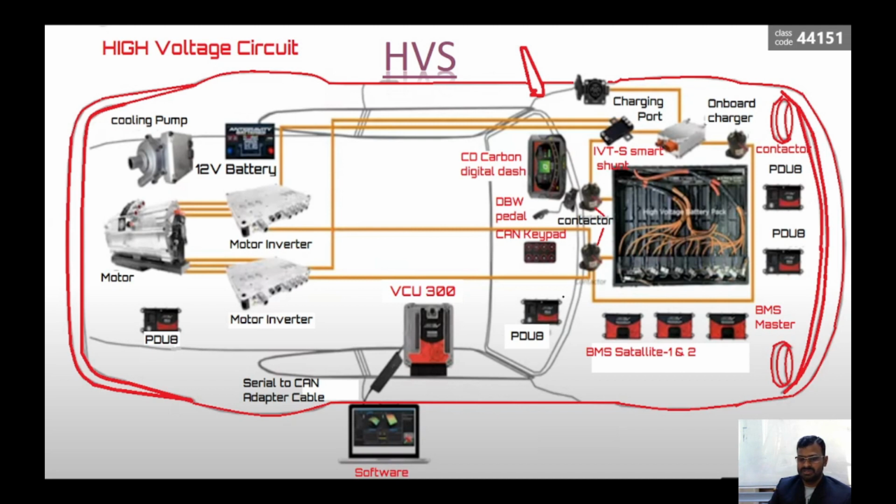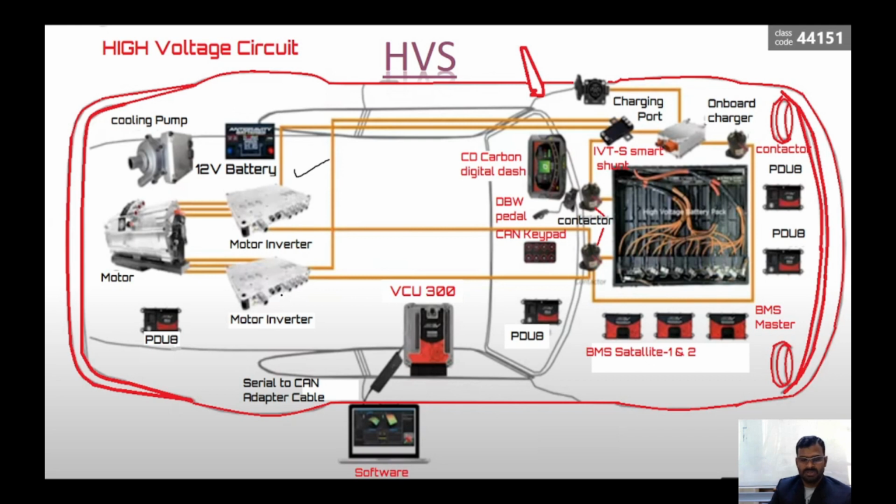So there is a power distribution unit, and there is one more contactor here which gives the supply to this measurement device. This is an IVT shunt, a smart shunt, which is going to continuously measure voltage and current going to the inverters and other systems. And if you see this motor inverter, if you have two different motors, we are going to use two inverters.